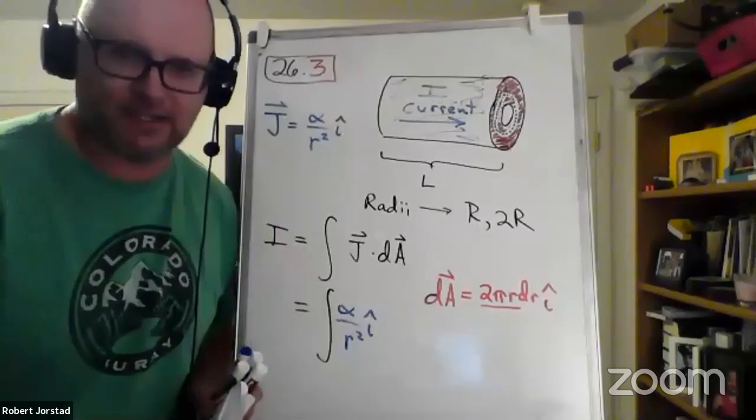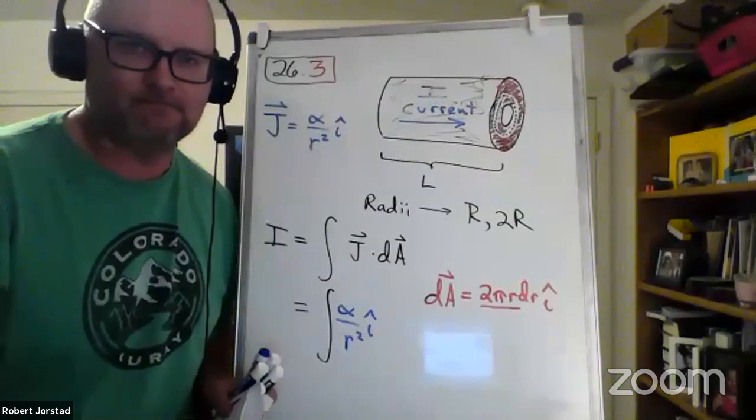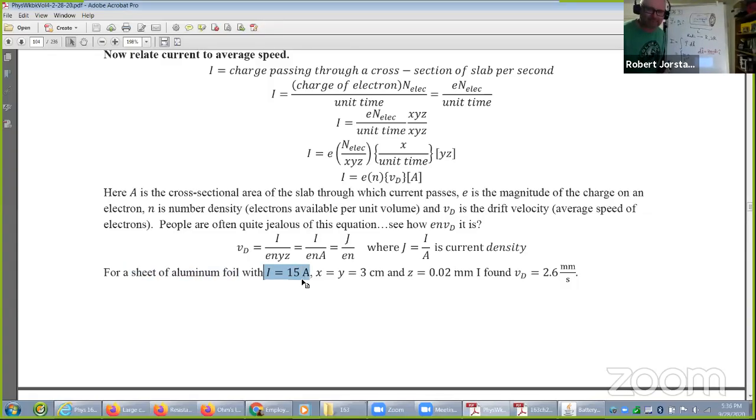If you had such a piece of aluminum foil and you were running 15 amps, that's a big current. Most household circuits have breakers at 10 amps, except for maybe 20 for the kitchen. So this is a pretty big amount of current.